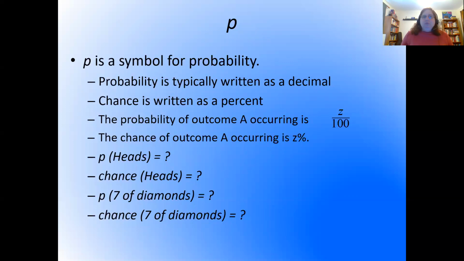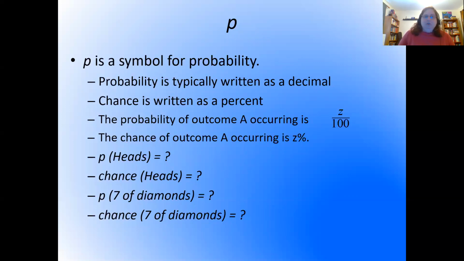So if we do multiplication to get from probability to chance, what must we do to get from chance to probability? We have to go backwards. We have to think of what's the opposite of multiplication. Typically, the inverse of it would be division, right? So now we're going to take our 9%, divide by 100, and get 0.09.